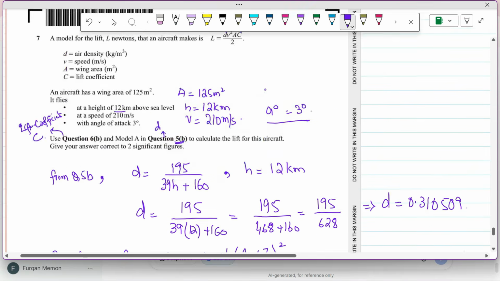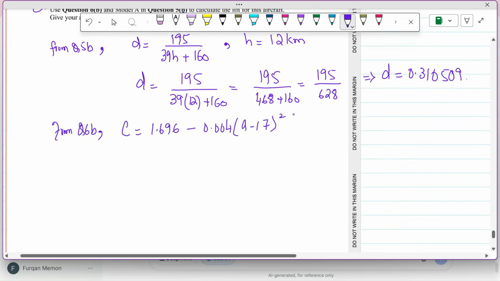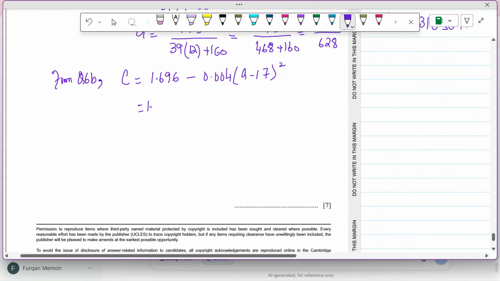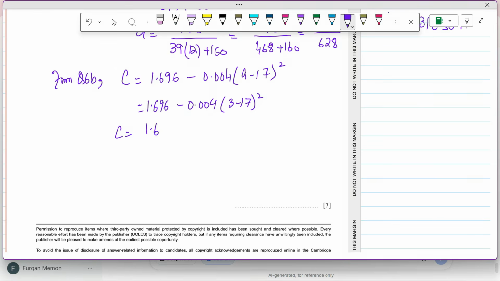And a is the angle of attack, which is 3 degree in this case. So plugging in, 1.696 minus 0.004 times (3 minus 17) whole square. So C equals 1.696 minus 0.784, which equals 0.912.